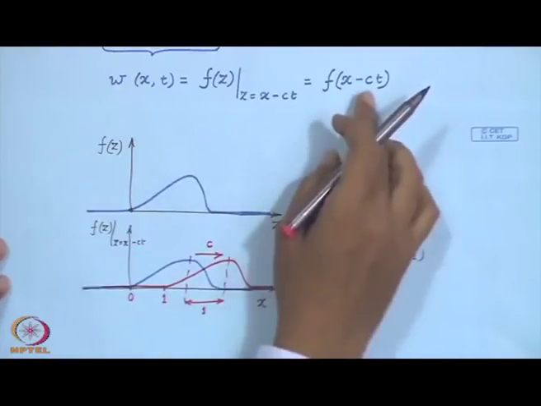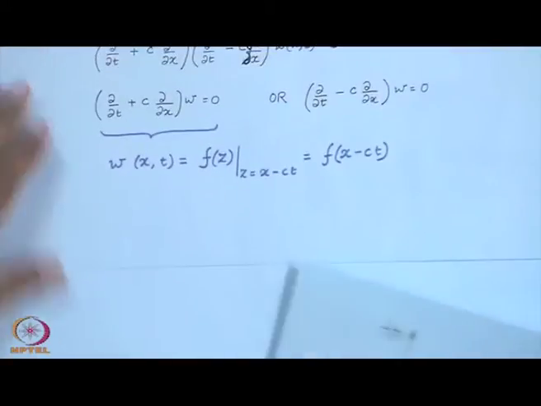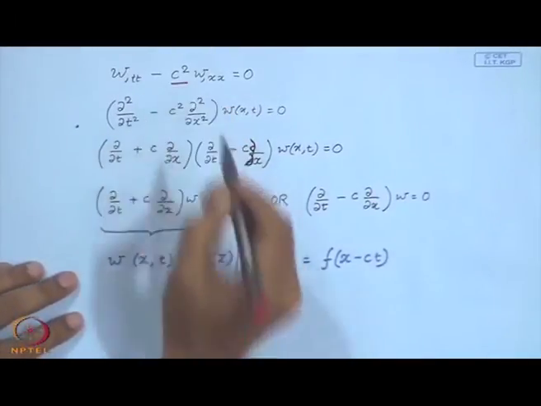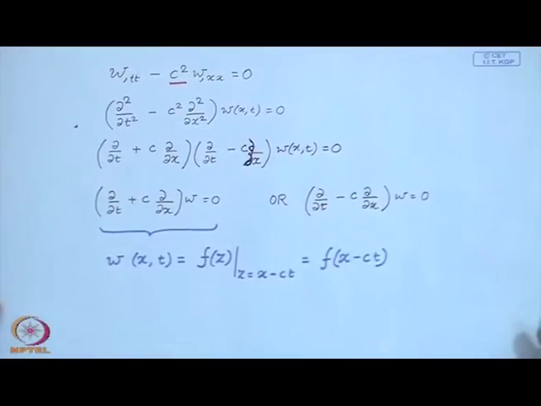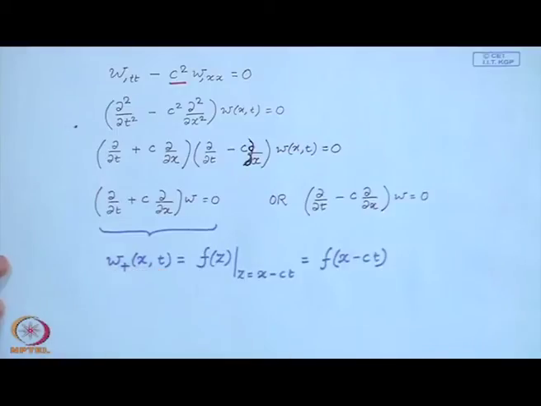This is the reason why the c in the wave equation is known as the speed of propagation of the wave. So this is travelling in the positive x direction at a speed c, and that is a solution of this differential equation.